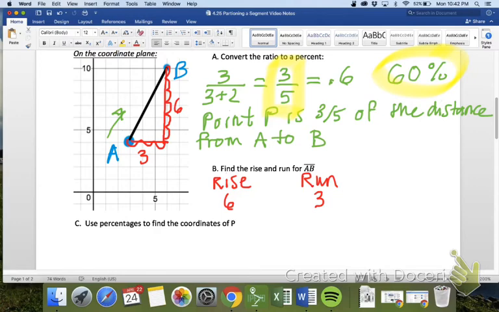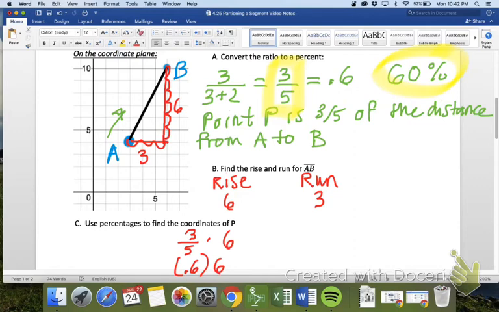Okay, well, instead of going over 3 and up 6, I'd like to do 60% of that, or 3/5 of that, right? So the idea is you would take the rise of 6 and you'd multiply it by 3/5. Or you could also, if you prefer, multiply it by 0.6, right?